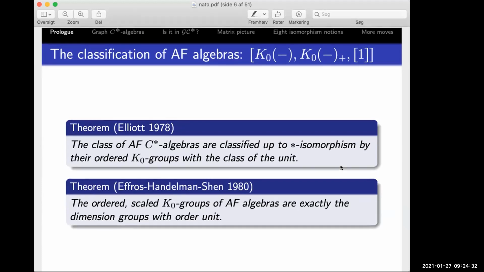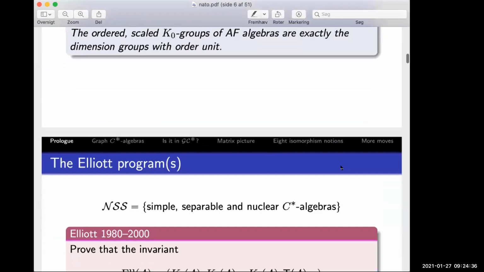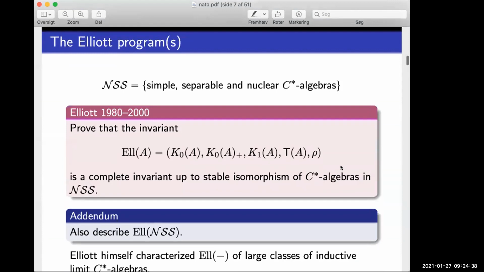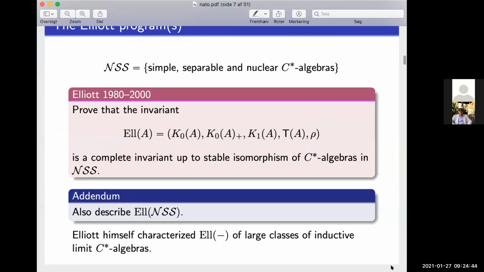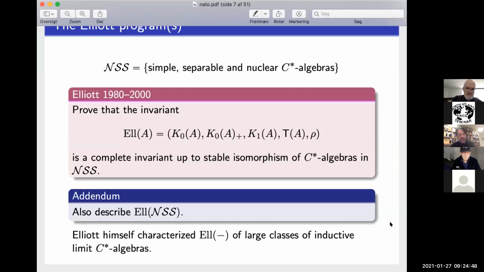So of course, this is the starting point of classification. And then there's sort of the Elliott program. So I'm putting here the old form of the Elliott program was that very sort of ambitiously, we look at all simple separable nuclear C-star algebras, and then we have a bunch of data which is known to be invariant. So it's K0, K1. I don't really need the details of this.